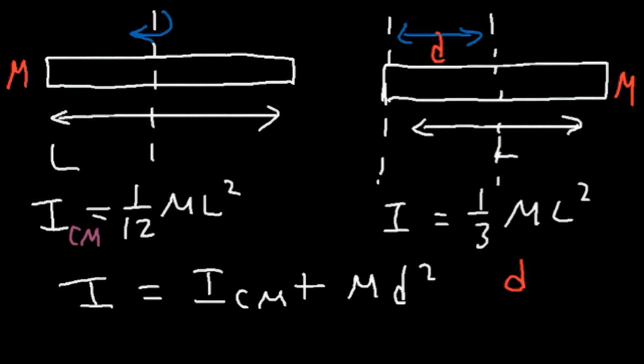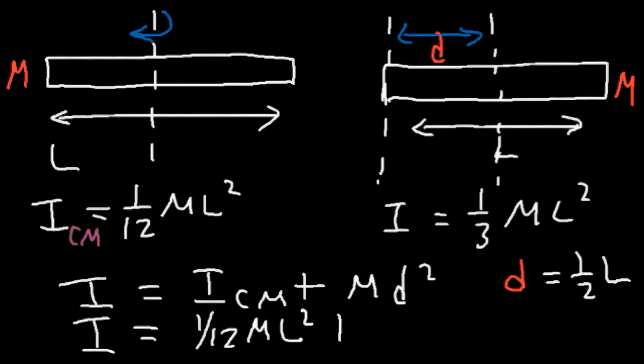So d equals L over 2, or simply 1/2 L. The inertia at the center of mass, we said, is 1 over 12 mL squared. Now the mass is still going to be the same, so that's going to be m. The only thing that's changing is the location of the axis of rotation. So we've got to plug in d. We need to replace it with 1 over 2 times L squared.